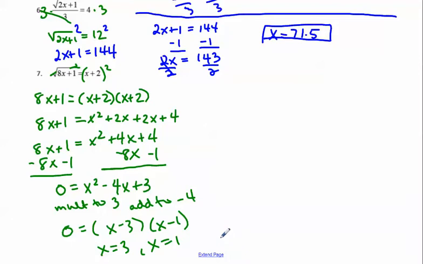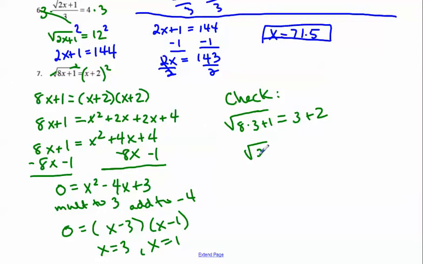Now we should check and make sure none of these solutions are extraneous. So I'm going to plug them back in. So if I do square root of 8 times 3 plus 1, does that equal, if I plug in 3 on the other side as well, 3 plus 2. So I'm checking my answer of 3. 24 plus 1 is 25, so I have square root of 25 equals 5.